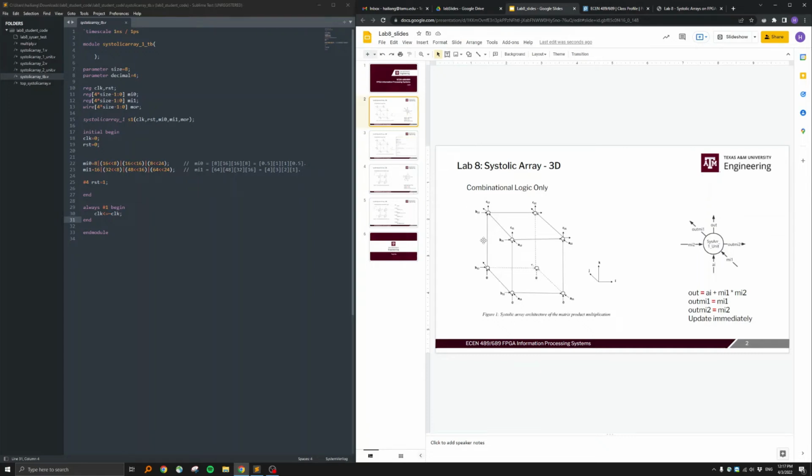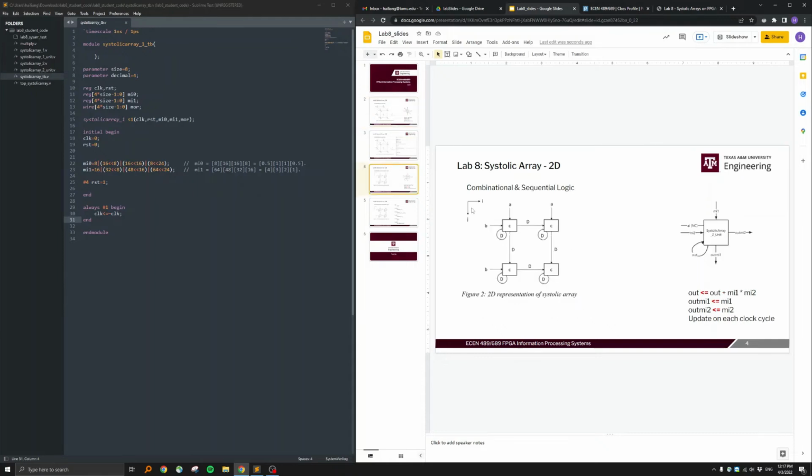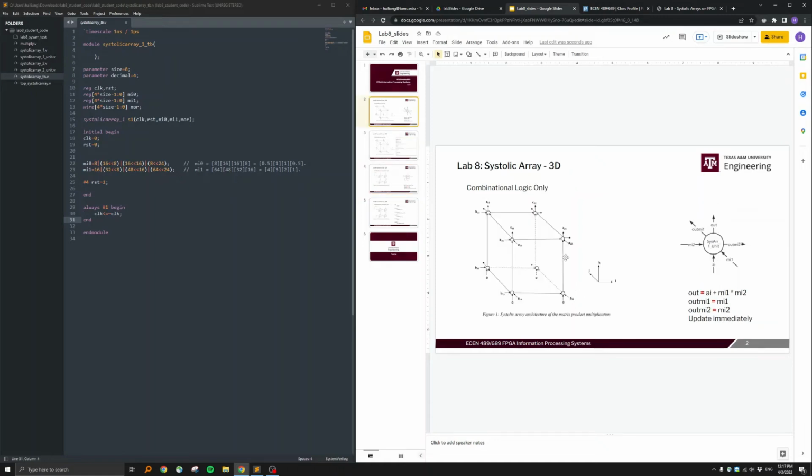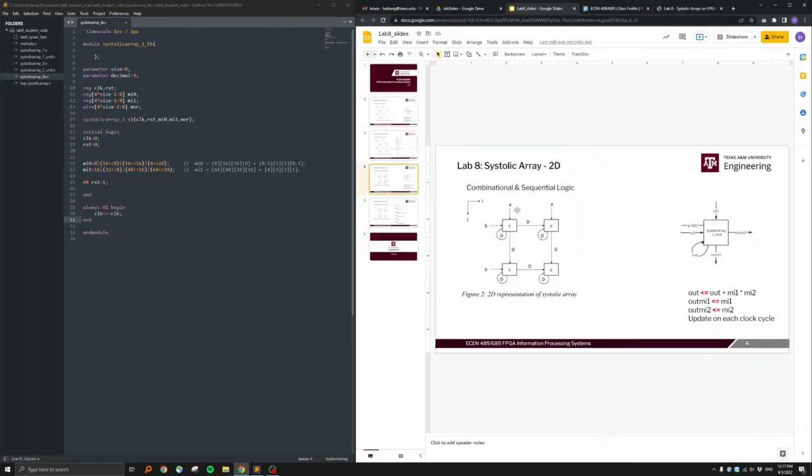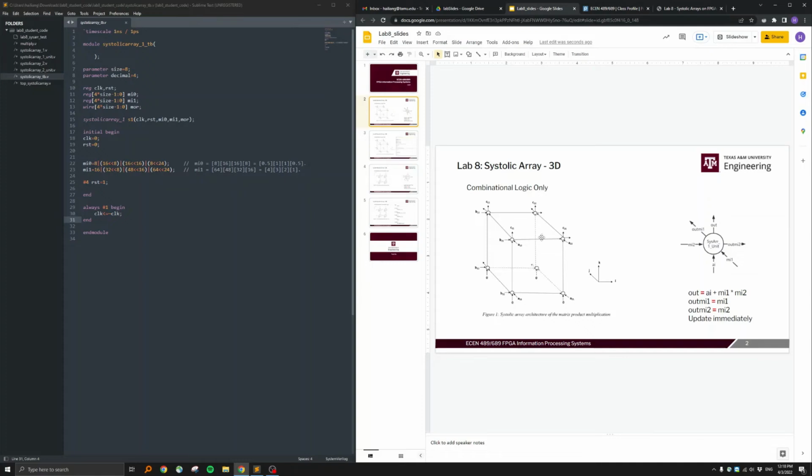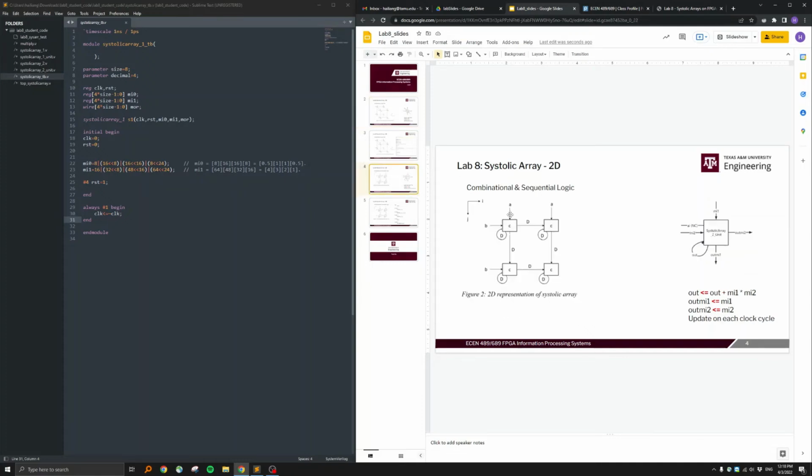So they share the same test bench actually. But as you can see, for the first design, we have 4 inputs for the A matrix, 4 inputs for the B matrix here, and 4 inputs of all zeros for the initialized accumulation values. Okay, so in total we have how many? 12 inputs, right? But here we only have 2 inputs for A and 2 inputs for B. This is a critical difference because we have 4 entries for each matrix, but we only have 2 input ports. So now the timing matters.